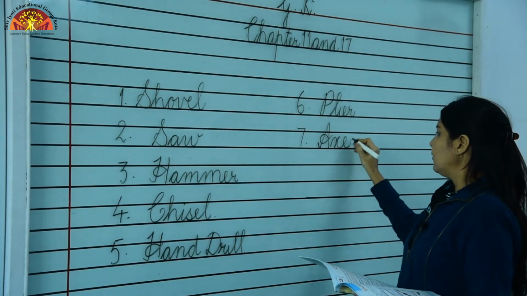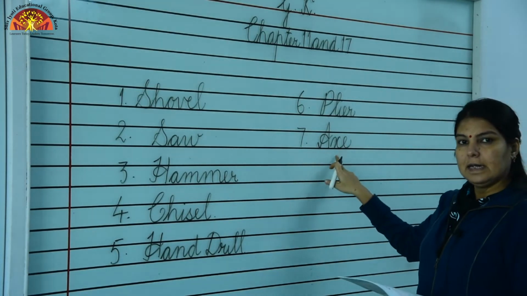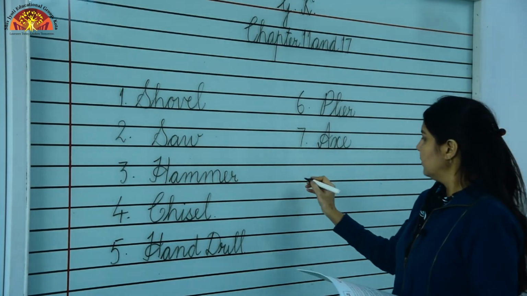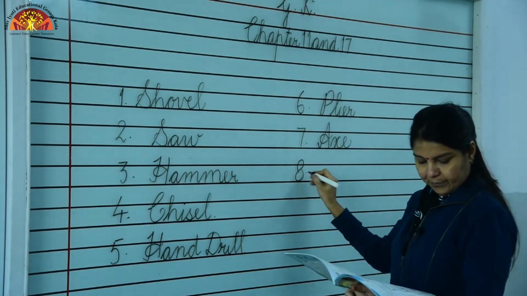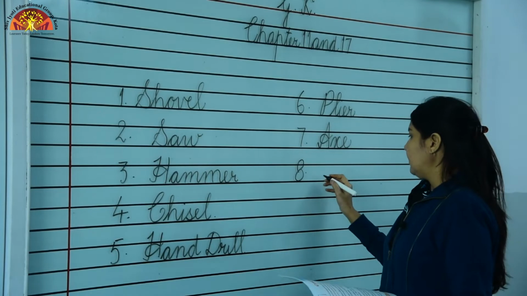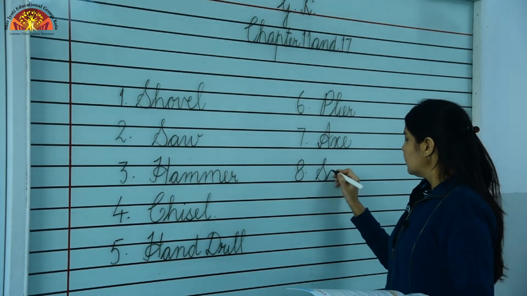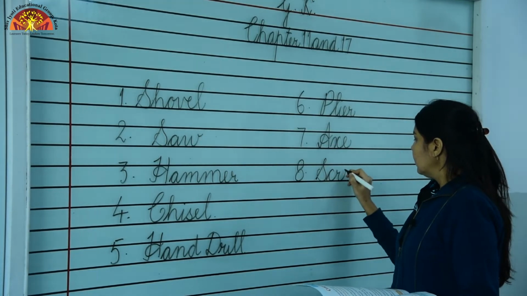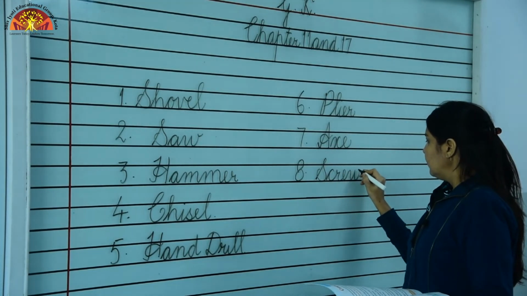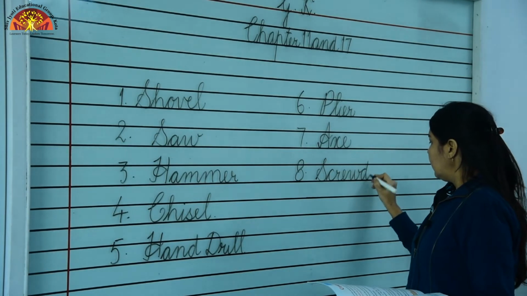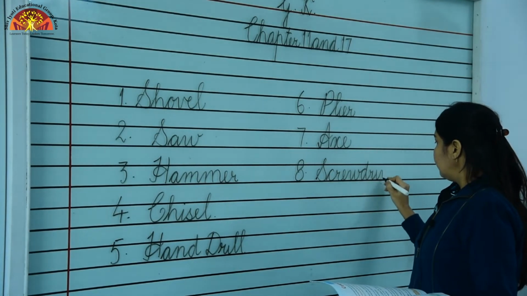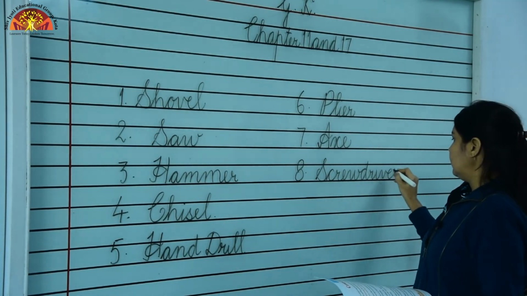Number 7 is axe. The spelling of axe is A-X-E. Now, number 8 is screwdriver. The spelling of screwdriver is S-C-R-E-W-D-R-I-V-E-R.